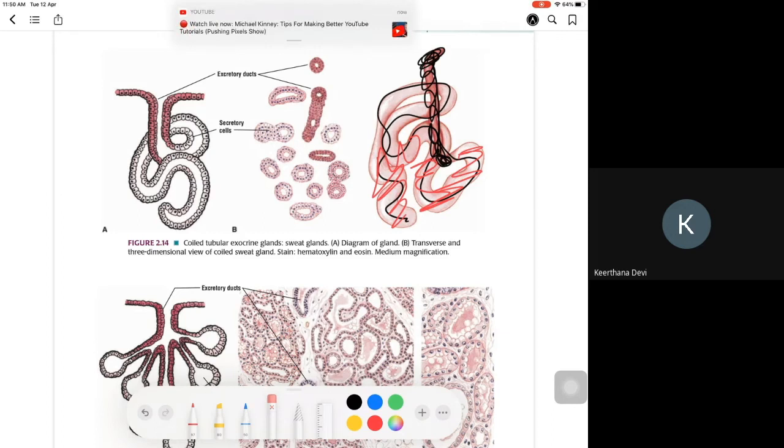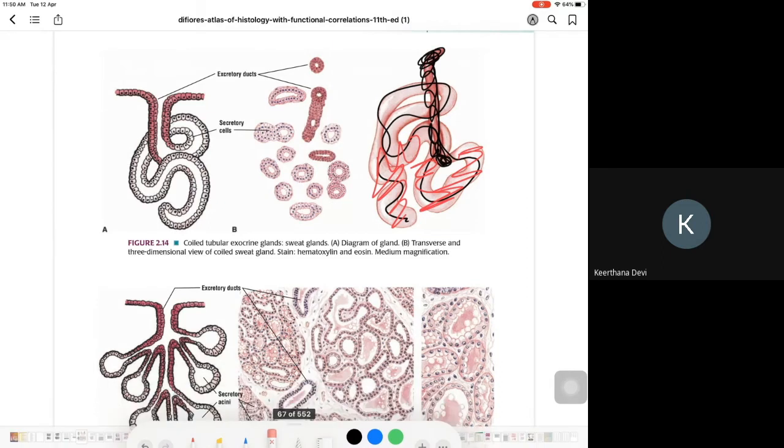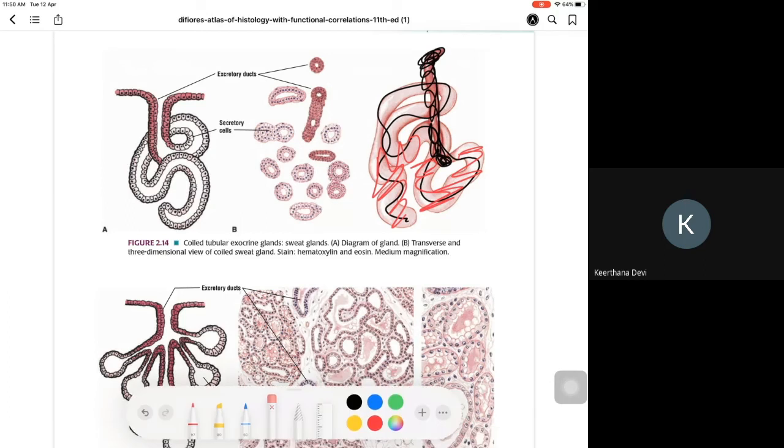They can be single lining epithelium, and when they become the duct, they will become stratified. So that you can see it very nicely. These are single epithelium here, whereas it is multi-layered here. So the secretory portion will have single cells, whereas the excretory or ductular portion will have stratification.